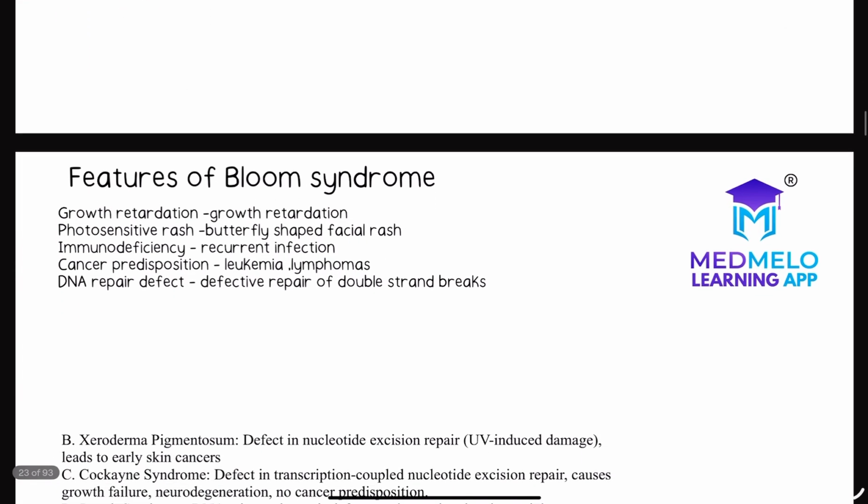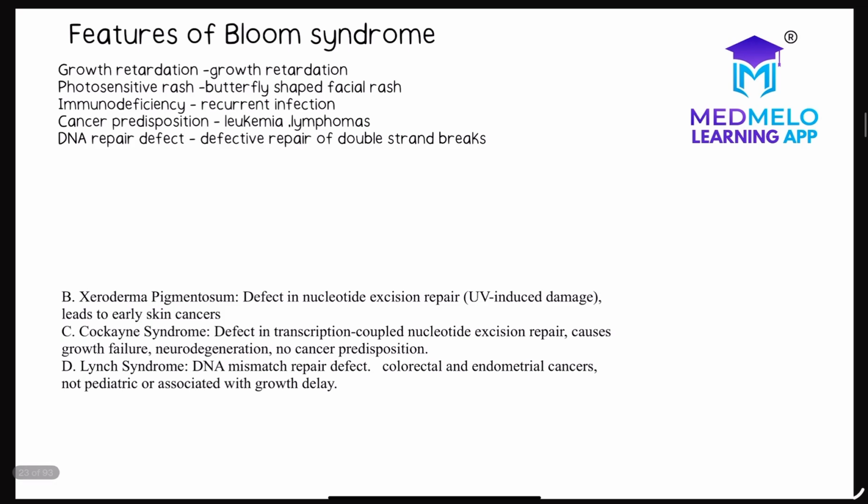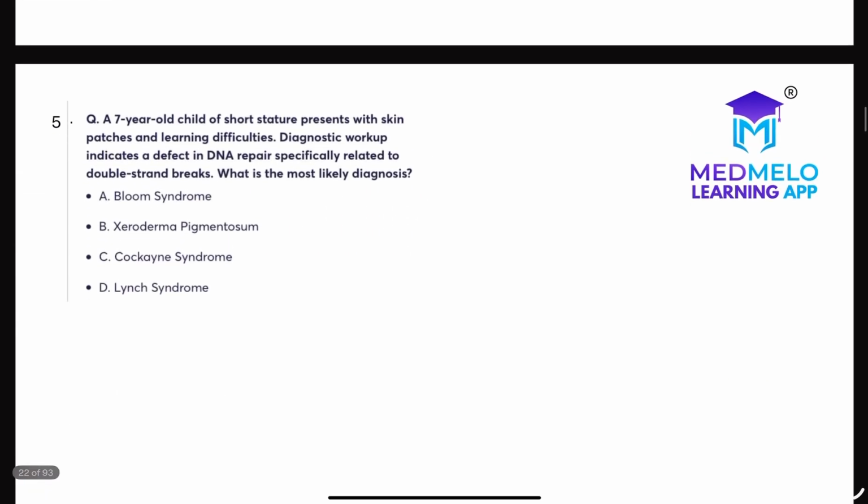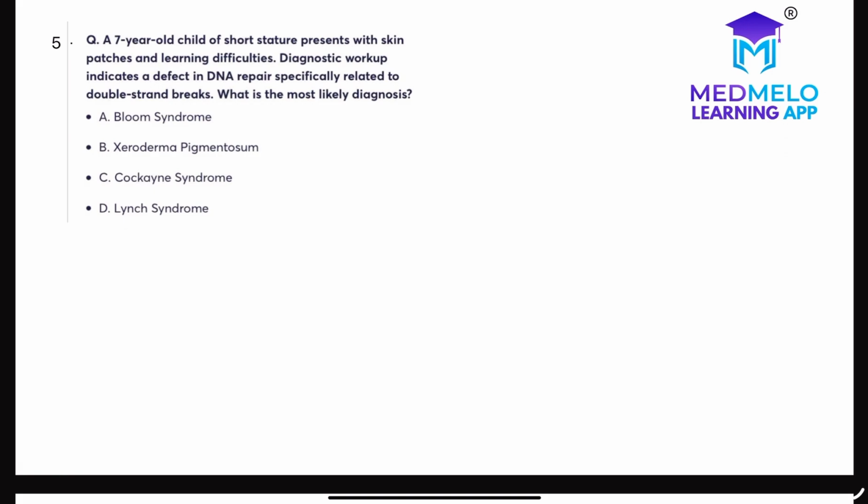The first option is Bloom syndrome. What are the features of Bloom syndrome? There is growth retardation, photosensitive rash, immunodeficiency causing recurrent infections, and cancer predisposition like leukemia and lymphomas. There is a DNA repair defect, a defect of repair of double strand breaks. These are the indicators we have in the question also.